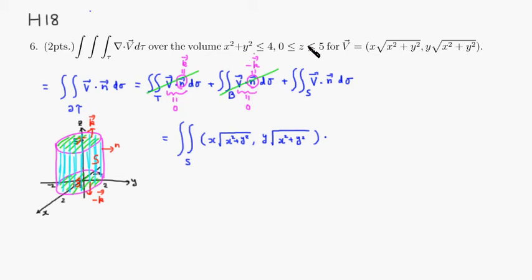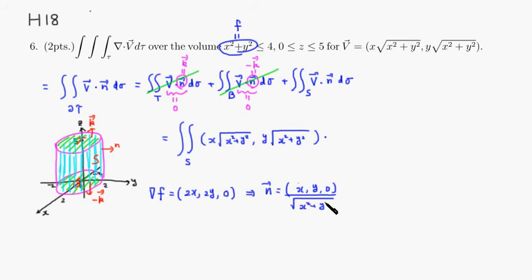I'm going to call this f. The gradient of f is 2x, 2y, 0. Then you can normalize it to make it a unit vector. So n is equal to x, y, 0 divided by the square root of x squared plus y squared.